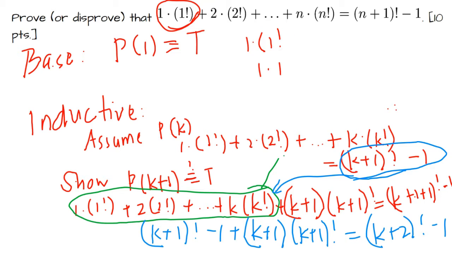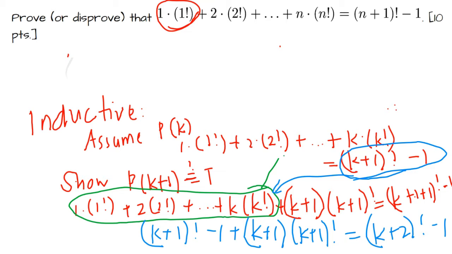So let's just clear some space here. By factoring out k plus 1, let me rearrange this one first.